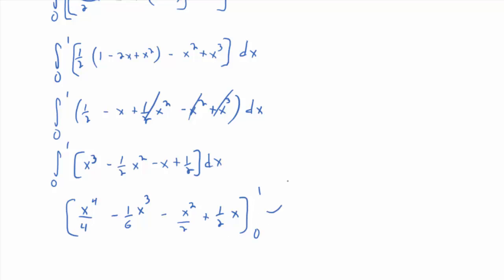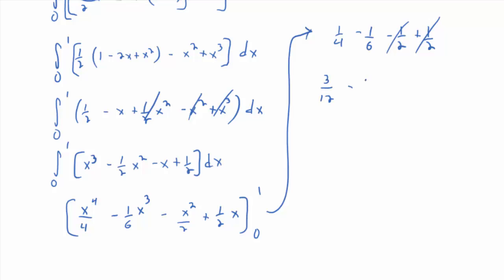So it breaks down to just 1/4 minus 1/6 minus 1/2 plus 1/2. That's not as bad as it looks, is it? Because that's gone. And then what's this? See, 12 is the common denominator. So that's 3/12 minus 2/12, which is 1/12.